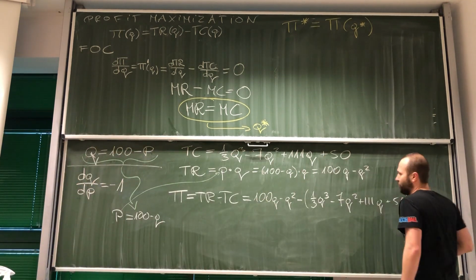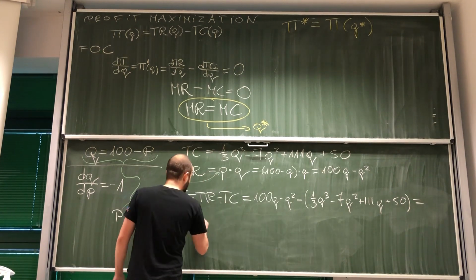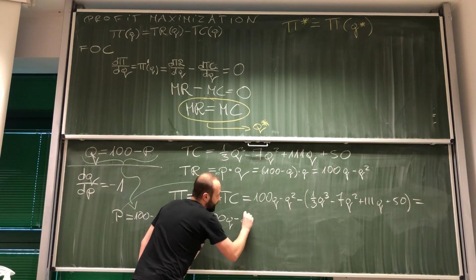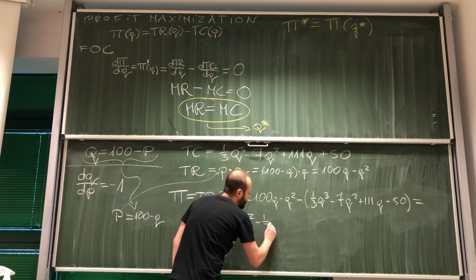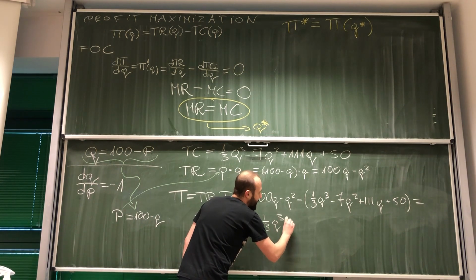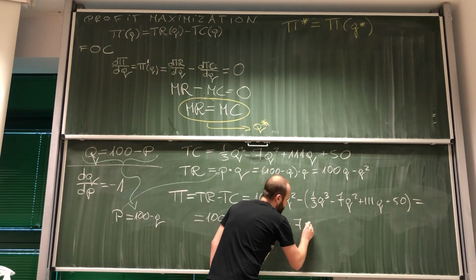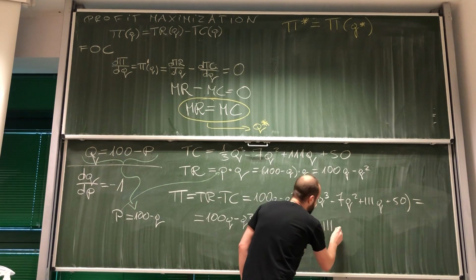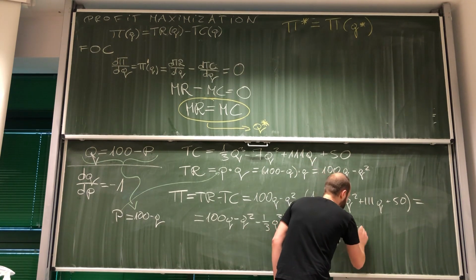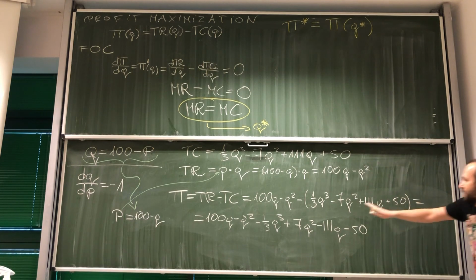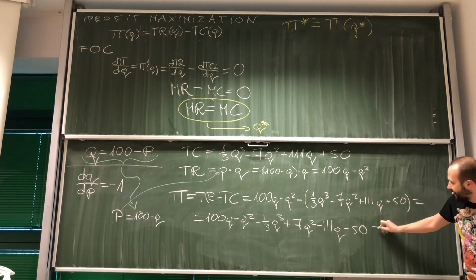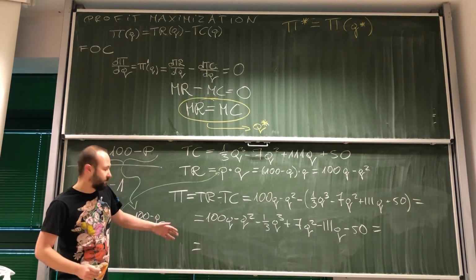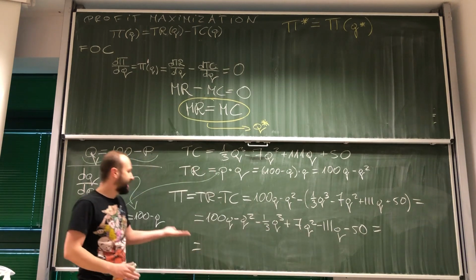Let me just do it slowly. And what do we get? Look, still 100q minus q squared stays the same, but now we have minus 1/3 q cubed plus 7q squared minus 111q minus 50. Right? I simply changed the sign of every expression. And look, now a good idea of what to do is simply to simplify this expression as much as we can.